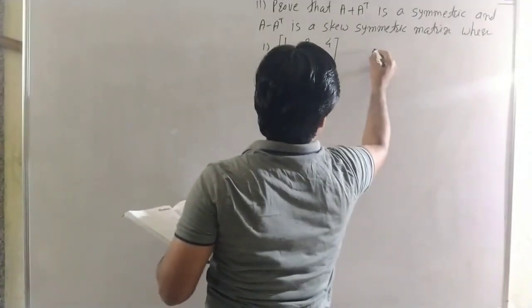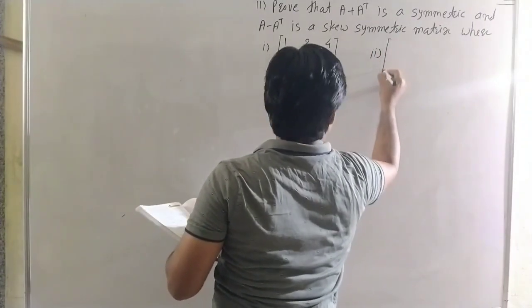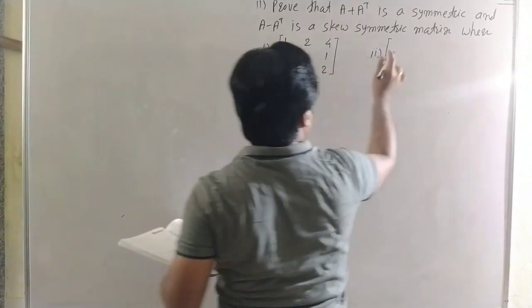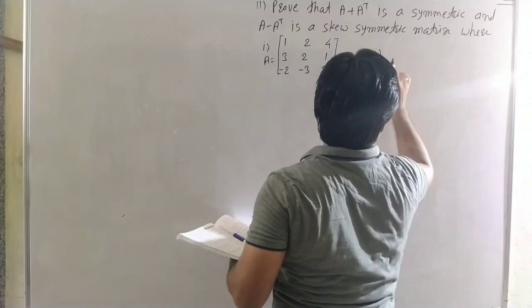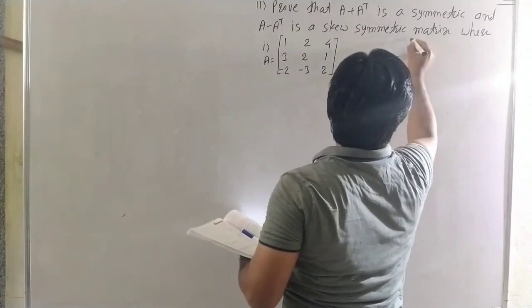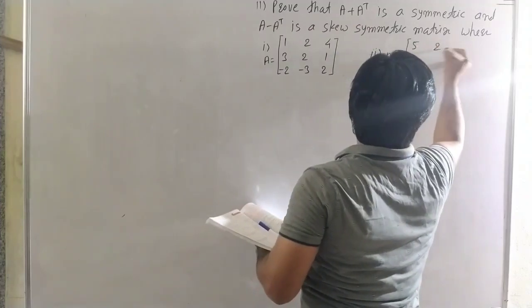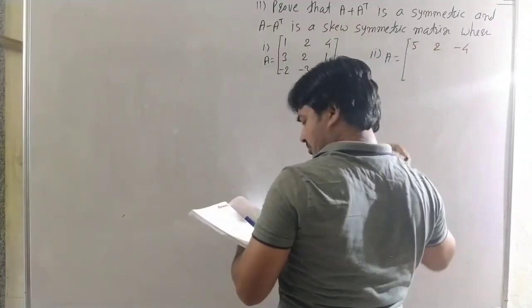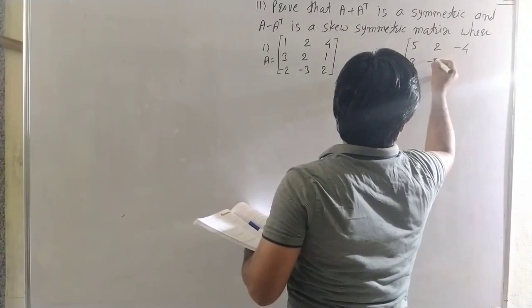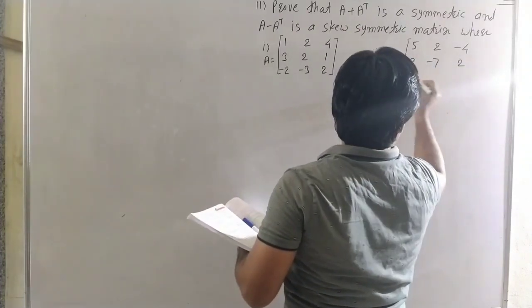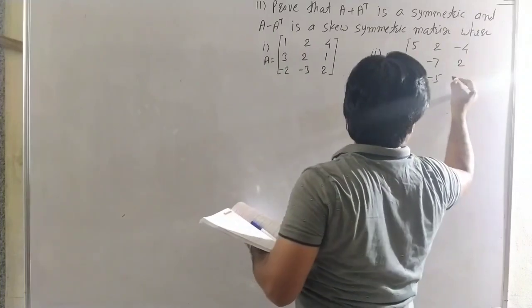And the second example is also A, the name of the matrix: 5, 2, minus 4, 3, minus 7, 2, then 4, minus 5, minus 3.